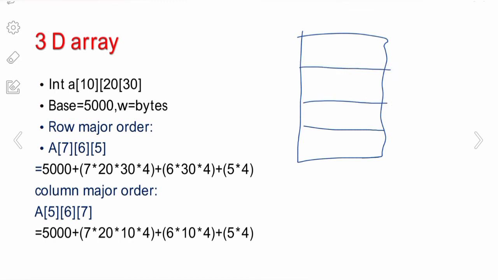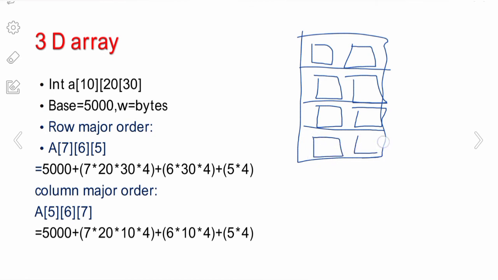Okay, and in each floor there are 2 flats. Okay, so in this manner we can consider the 3D array, right? So here there are 4 floors and in each floor there are 2 flats. Okay, so like this you can consider the 3D array.